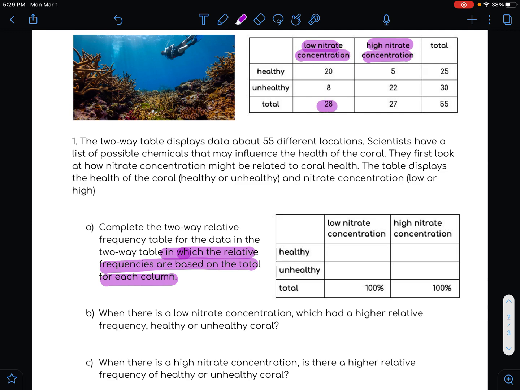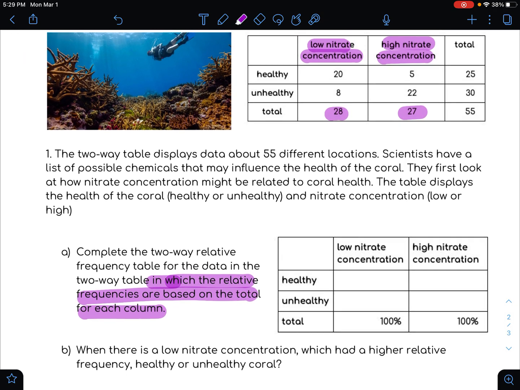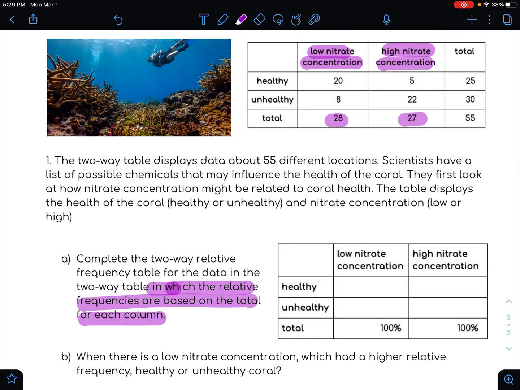And the total for the low nitrate concentration is 28, and the total for the high nitrate concentration is 27. All right, so now let's go ahead and come up with the percentages. So we have the actual numbers for the 55 locations in the two-way table. And then we're going to be interested in what percent that is out of 55 for the columns.